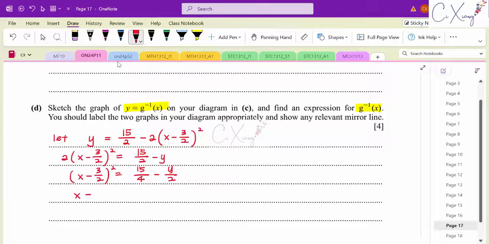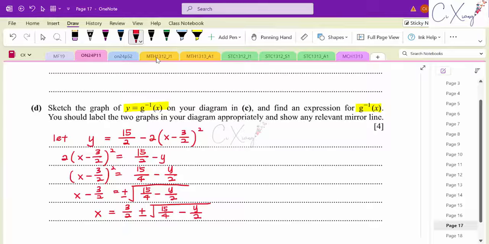I take the square root so that I can get rid of the square. When I take the square root, I have to include both plus and minus signs. So next, I will have 3 over 2 plus or minus the square root of 15 over 4 minus y over 2.